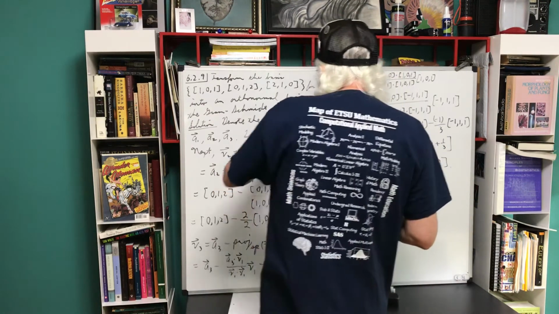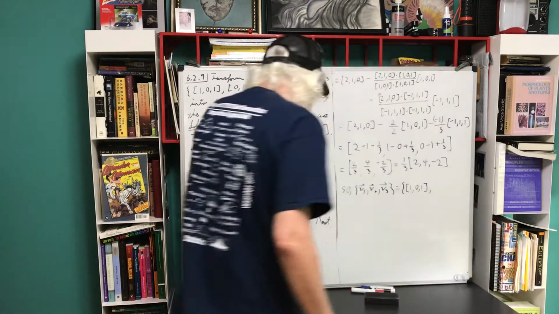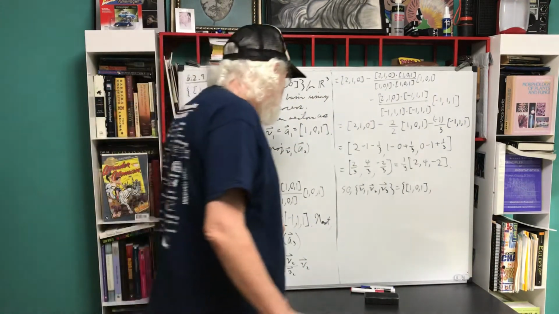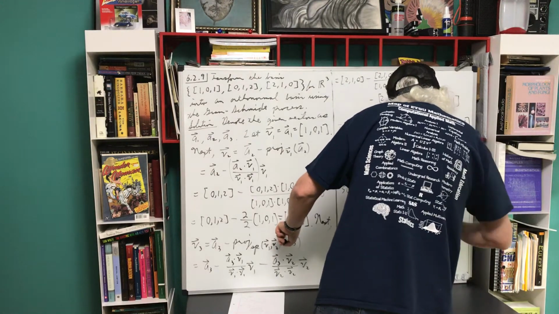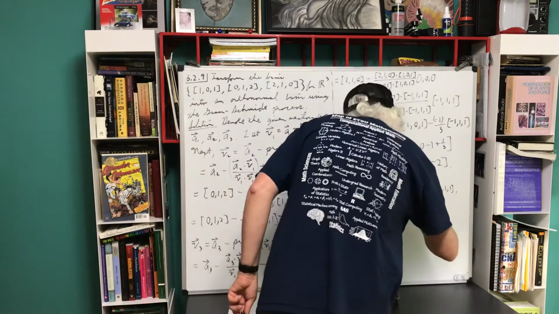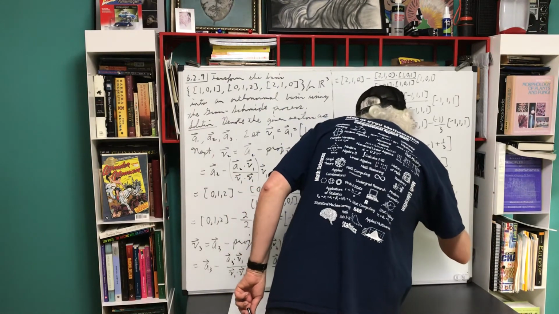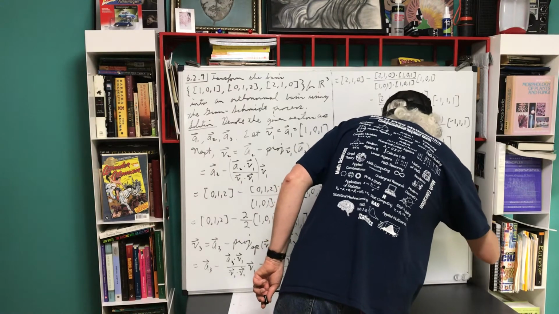V1 was right here, 1, 0, 1. V2 was given over here, -1, 1, 1. And V3 we just found, 1/3 times 2, 4, -2.